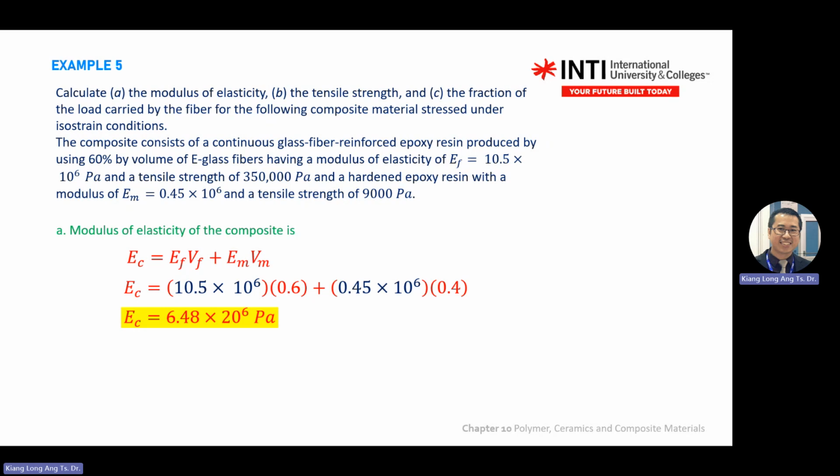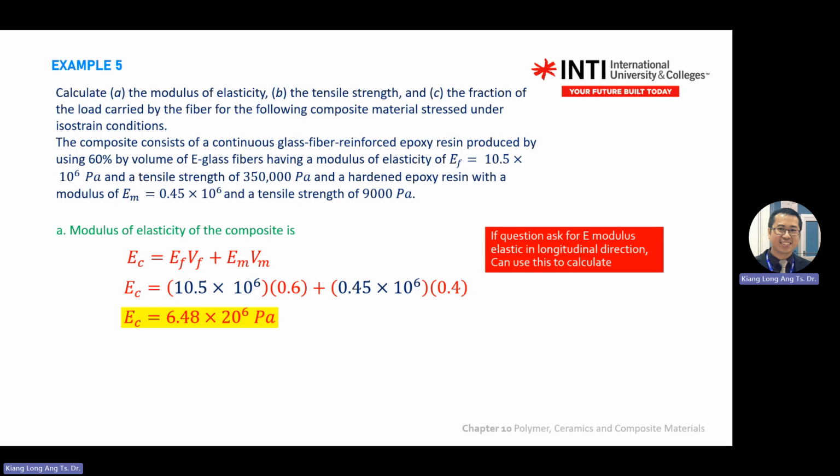Okay. What about tensile strength? Okay. So I just highlight here before I forget. Sometimes the question will use the word that the subject or the sample is stressed in the longitudinal direction, or it asks you to find the modulus of elasticity in the longitudinal direction.